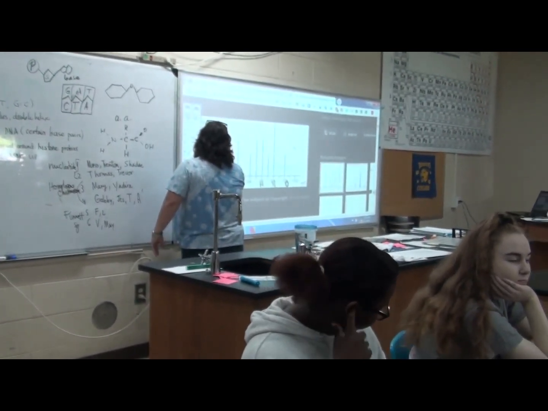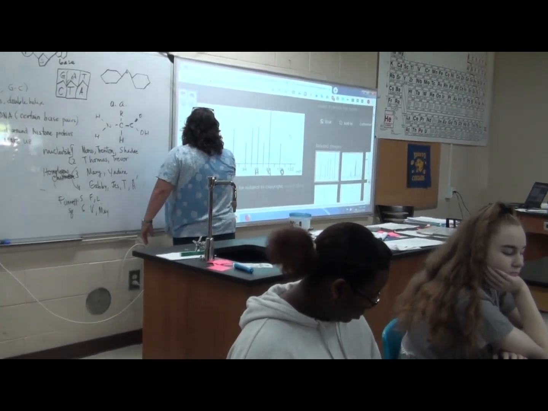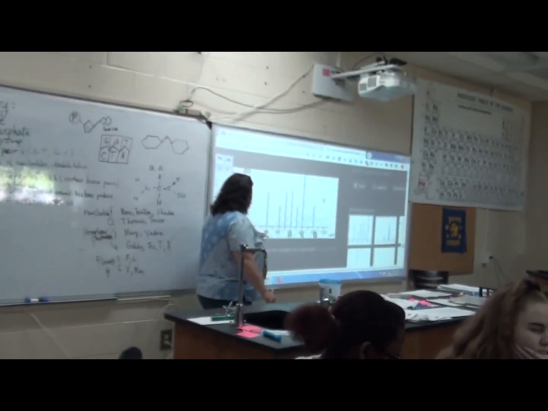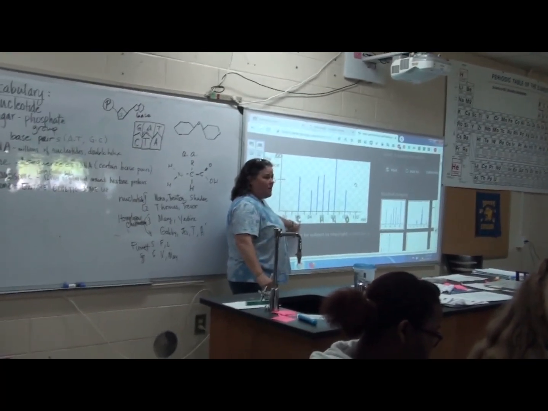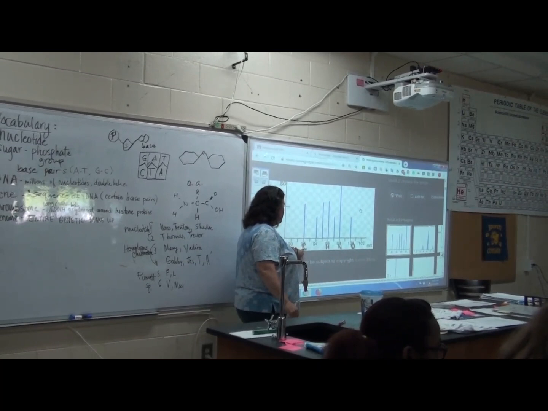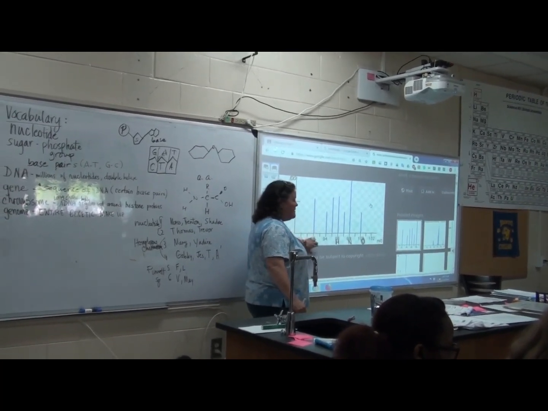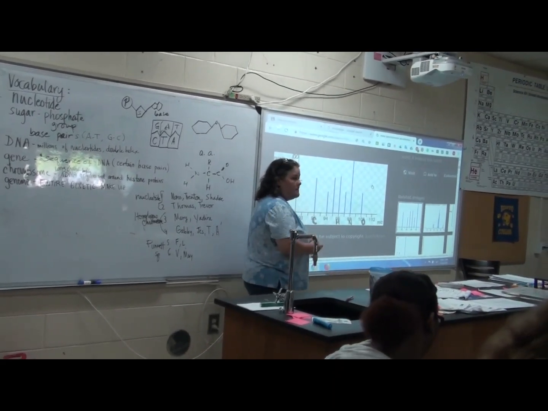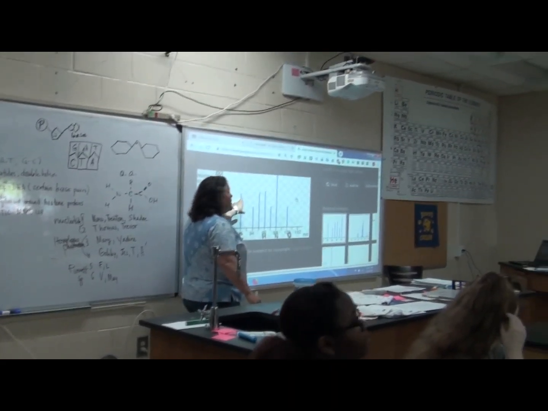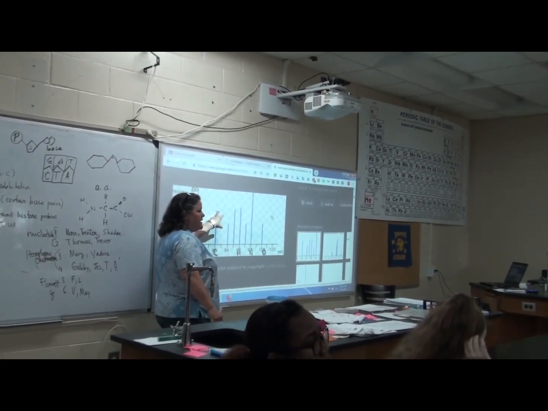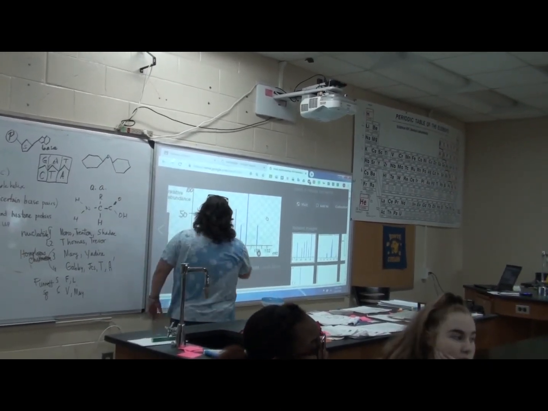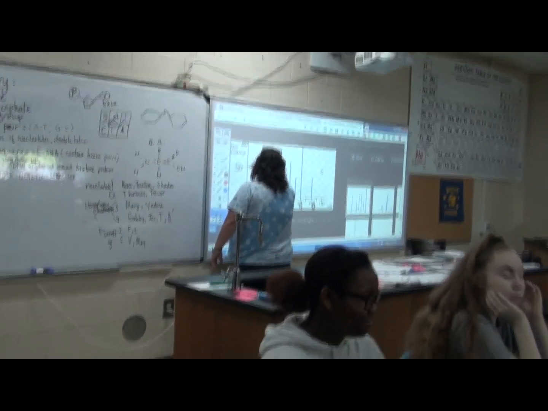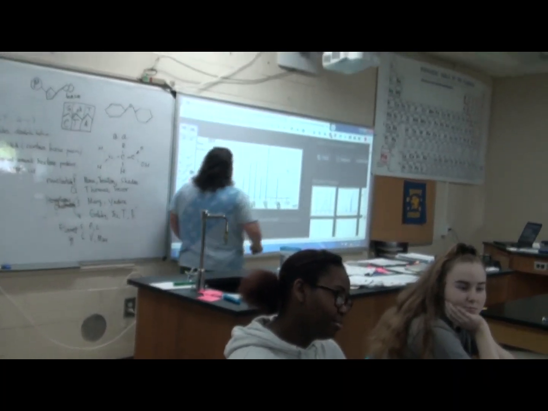Let's just for conversation's sake, make that 50, make that 100. What would be the approximate percent composition of carbon in this substance according to this instrument? It's a little above 50%. Just for conversation's sake, we'll put that there.